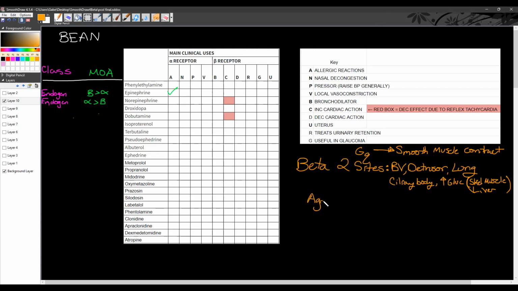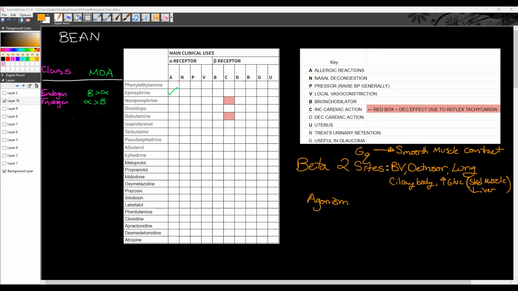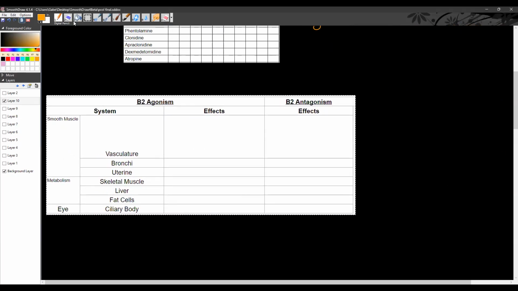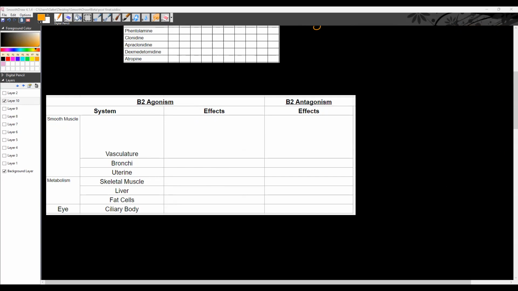Yep. So when we talk about the agonism, it might be helpful for me to do it more like this. So when we talk about beta 2, what's the effect of agonizing beta 2? Do we get vasoconstriction, vasodilation?